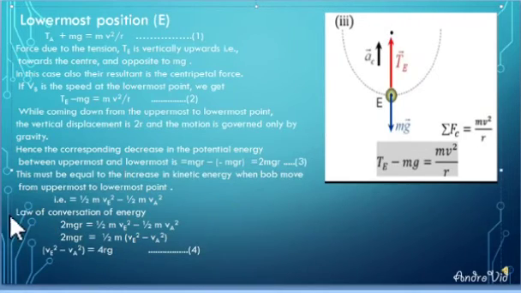By using the law of conservation of energy, decrease in potential energy is equal to increase in kinetic energy, which I have written as 2mgr equals half m VB square minus half m VA square. V is the velocity at position B, the lowermost position. By simplifying, I get V square minus VA square is equal to 4Rg.